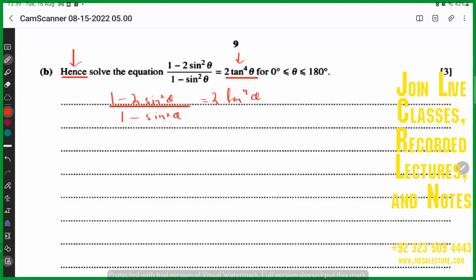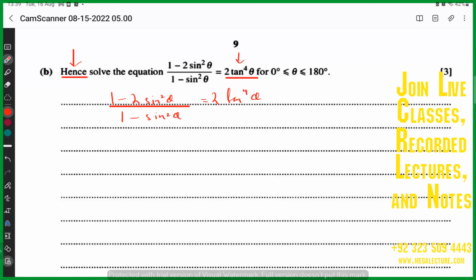It says hence solve the equation. Hence means I need to use the previous part. Now when I look at it directly, what do I get to see? I get to see the fact that I have a variety of trigonometric functions, right? I have sine and tan, but ideally, if I just have one trigonometric function, that would have been just perfect, right?